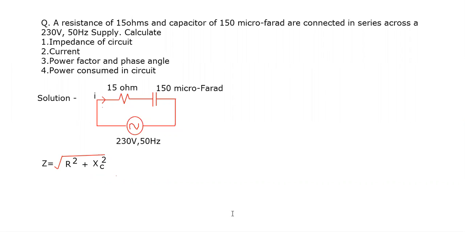So the formula for impedance for this particular figure or question is R square plus XC square, because XL is not here. Now this XC is what? It is capacitive reactance.